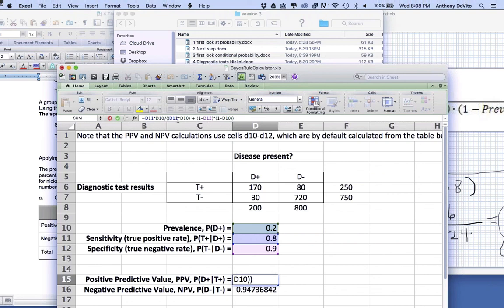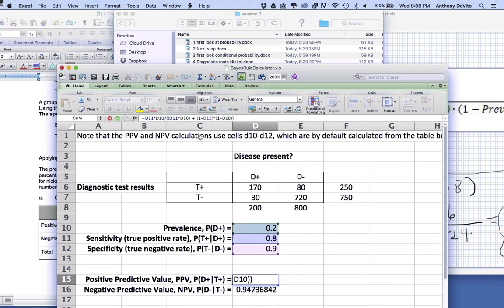In other words, the prevalence times the sensitivity again, plus the proportion of the population that, specificity, 1 minus the specificity times 1 minus the prevalence, 1 minus the 1%, 1 minus D10.